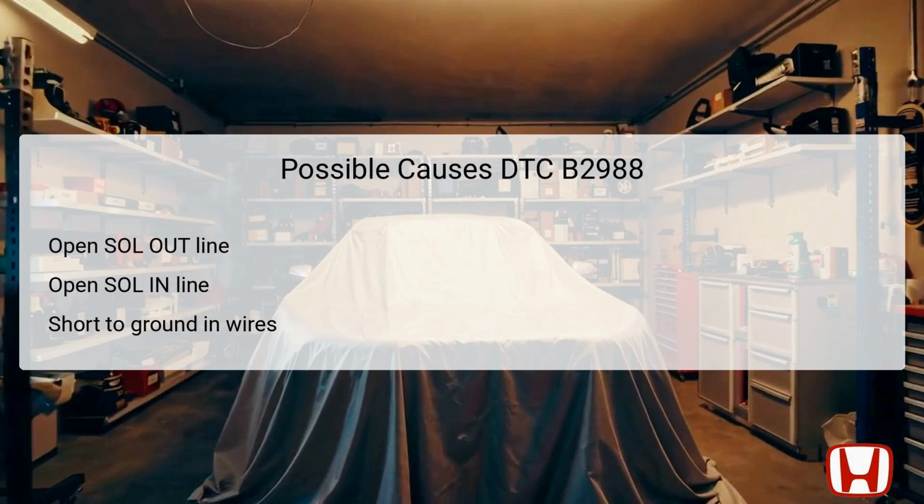The potential causes for the DTC B2988 include an open circuit in the SOL OUT line, which could disrupt the signal from the climate control unit to the solenoid, preventing proper operation. Similarly, an open circuit in the SOL IN line can hinder the functionality of the solenoid itself, affecting refrigerant modulation.